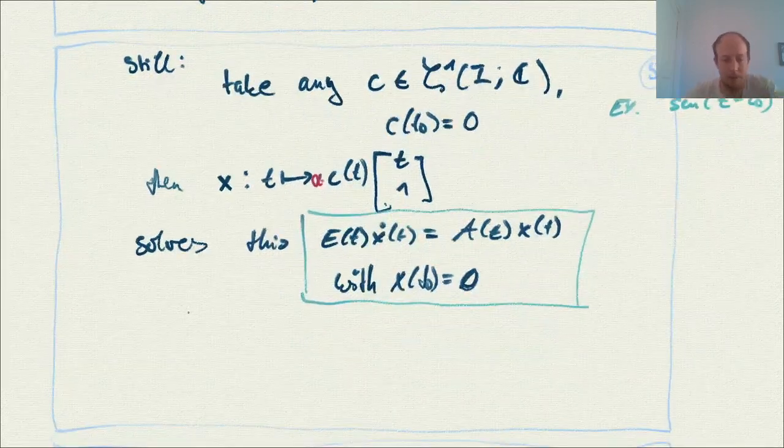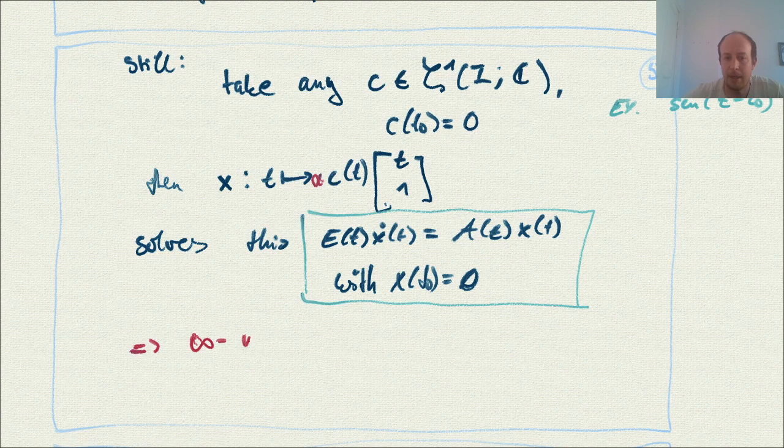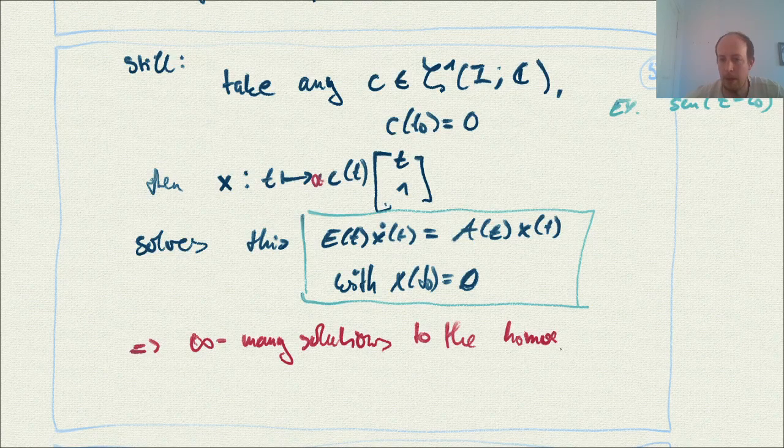So this means infinitely many solutions to the homogeneous problem, and this basically means no uniqueness.